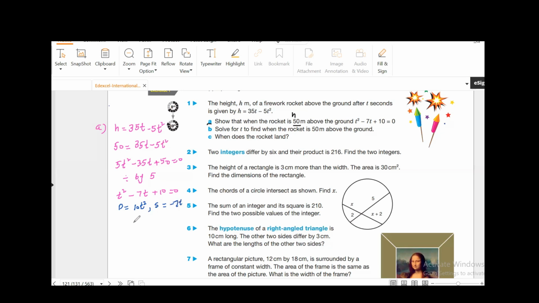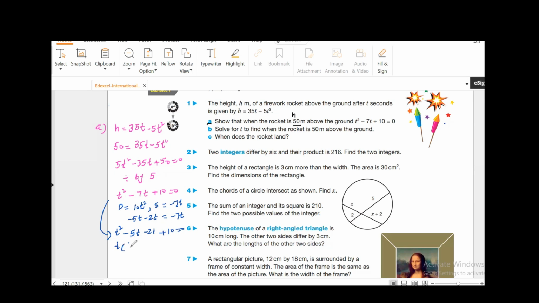If you think about two numbers, 5 and 2, they give us 7 as well as 10. So we can say minus 5t minus 2t. That works for us. This equation becomes t squared minus 5t minus 2t plus 10 equals 0.